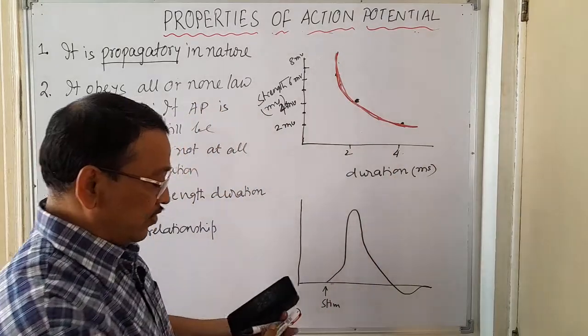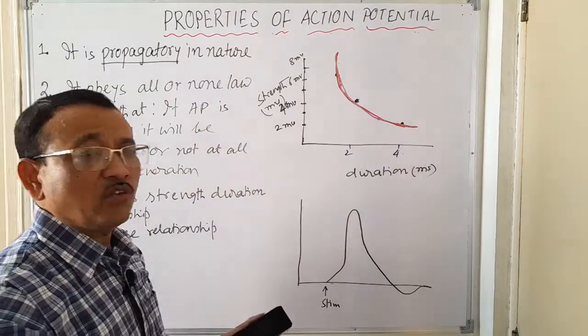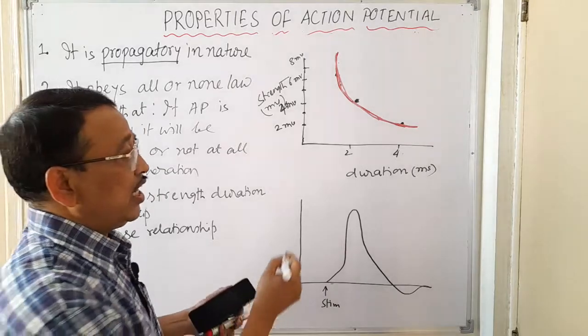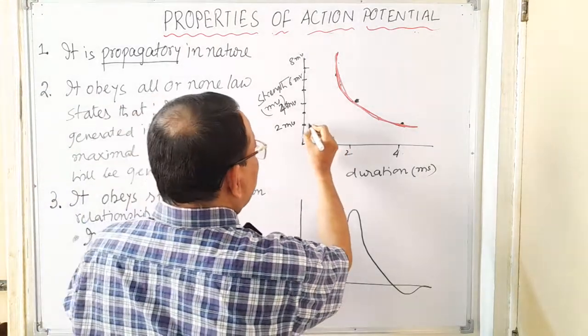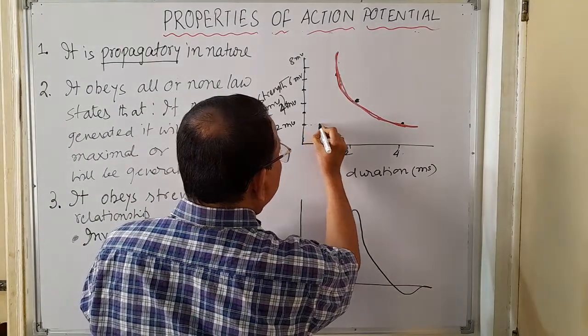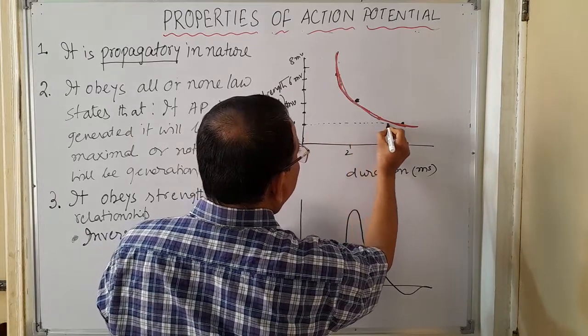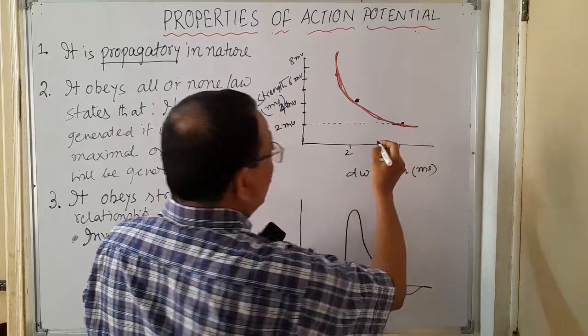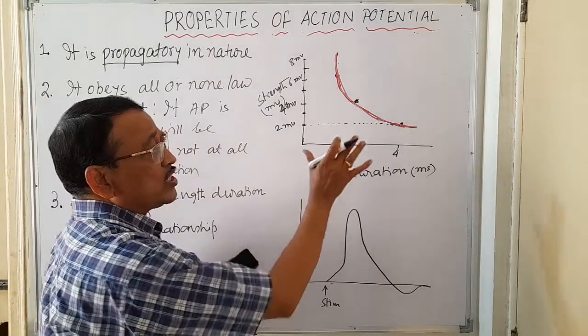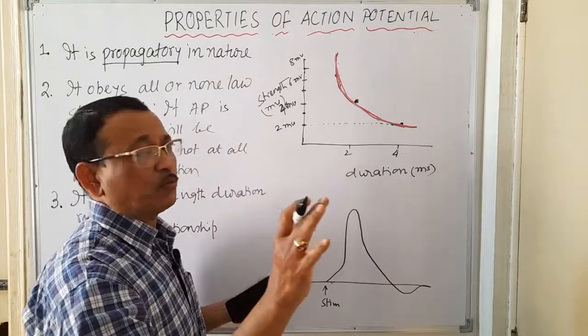So this curve is known as the strength duration relationship curve. Now here, this is the voltage, 2 millivolt. This is the minimum voltage which is required to induce the action potential.